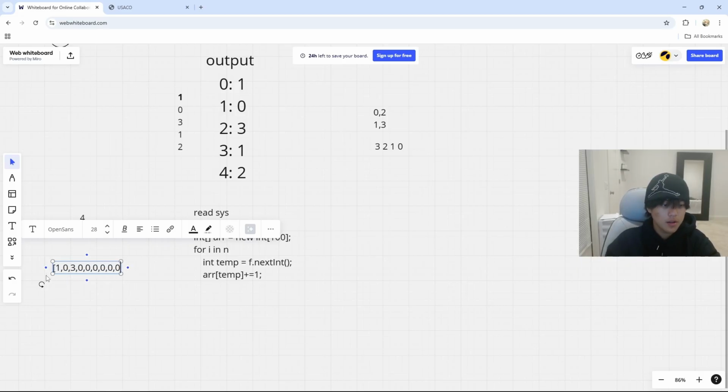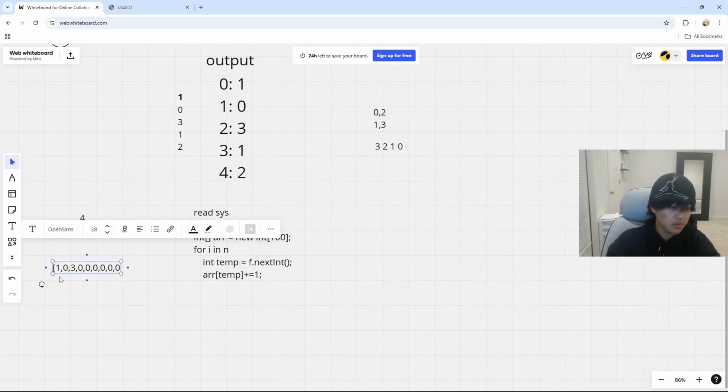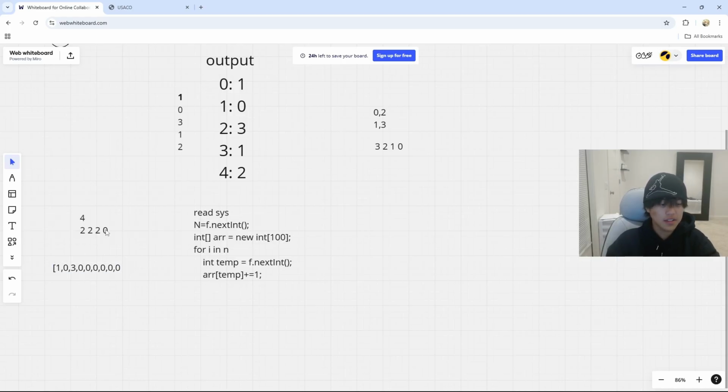So at index 0, the number 0, how many do we have? In 2220, there's only one 0, so at index 0 there's going to be the number 1. How many 1s do we have? 0. So index 1 is going to be 0. And index 2, how many 2s do we have? 3. So the value is going to be 3. And all the way up to however big the number was would be 0.